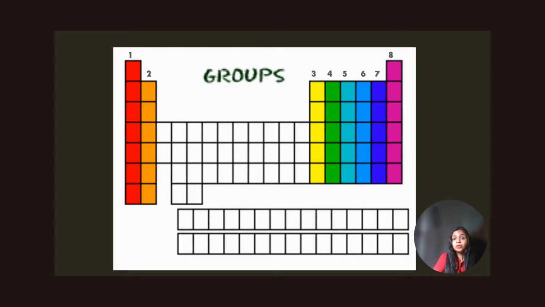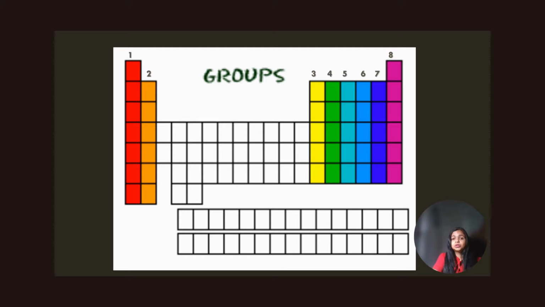The nitrogen family belongs to group 5, and all the elements will have 5 valence electrons. Then we have the oxygen family. All the elements in this group with oxygen will have 6 valence electrons. Then a special group, 7A, all the halogens, fluorine, chlorine, bromine, iodine, will all have 7 valence electrons.